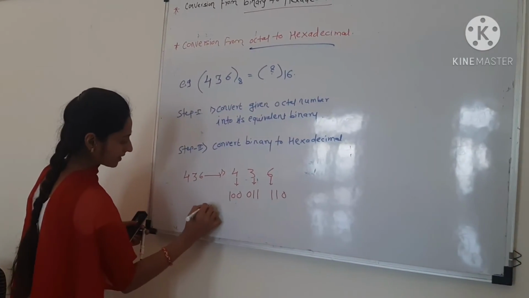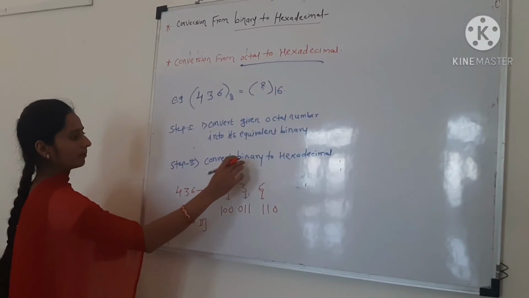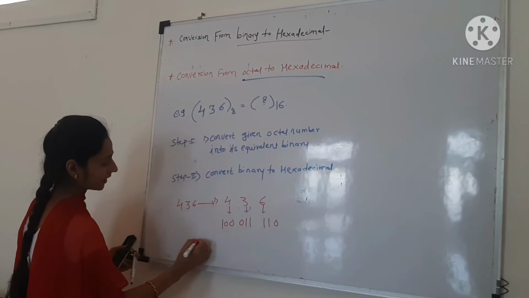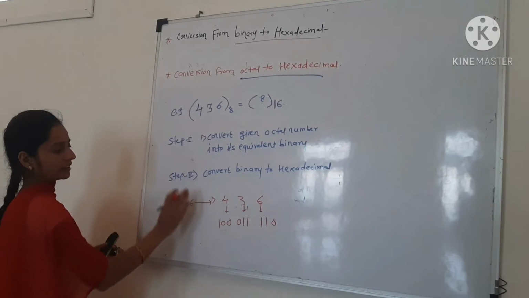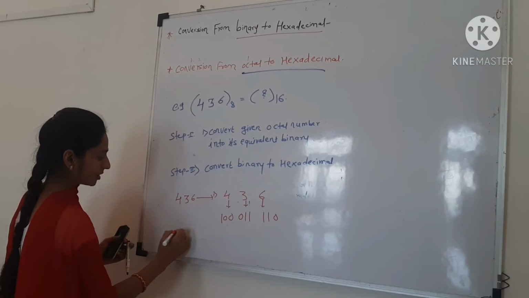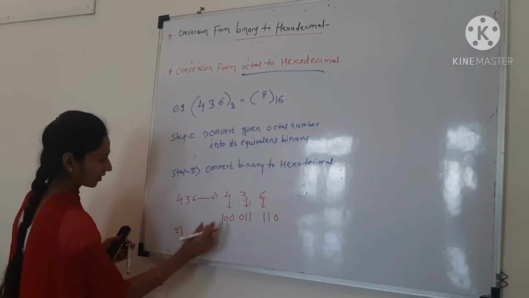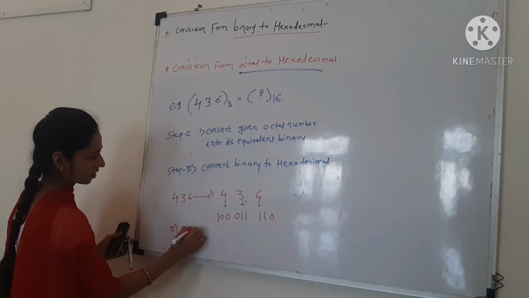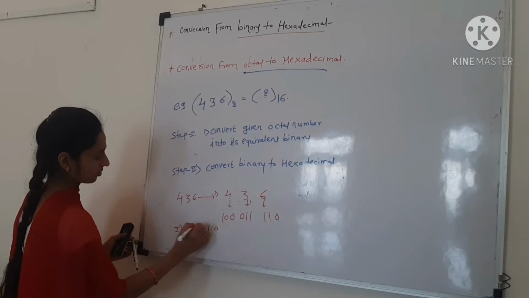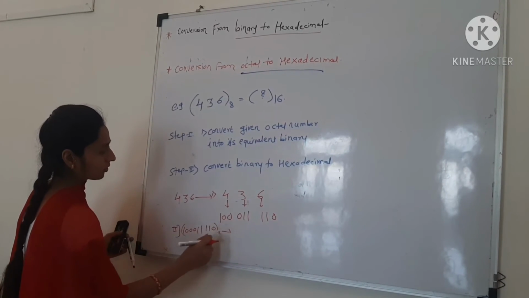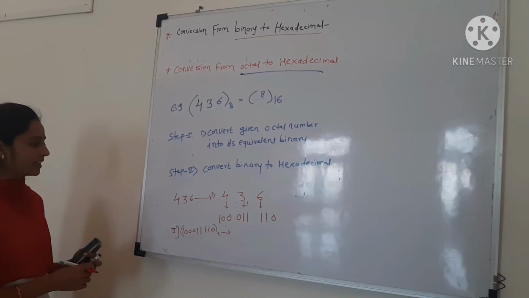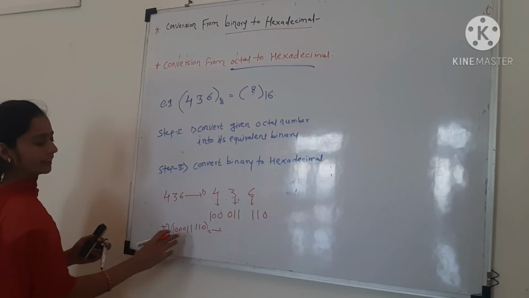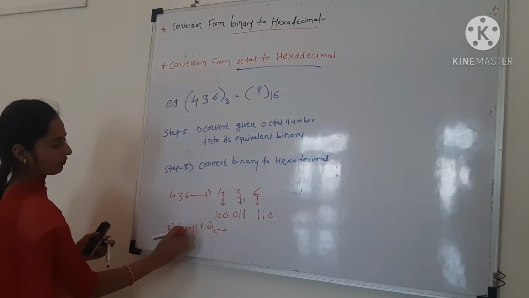Now the second step is to convert the binary number to hexadecimal. So this is the binary number. We have seen the process of converting binary to hexadecimal. In step 2 we received the binary number 1 0 0 0 1 1 1 1 0. So we have to convert it into hexadecimal, by grouping into 4 bits.